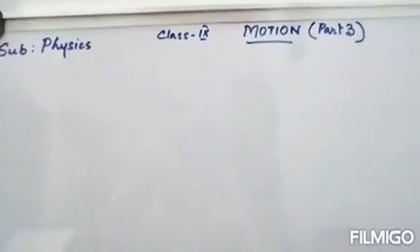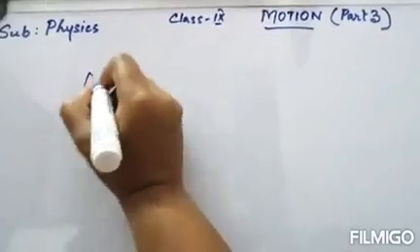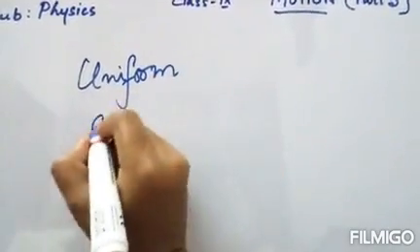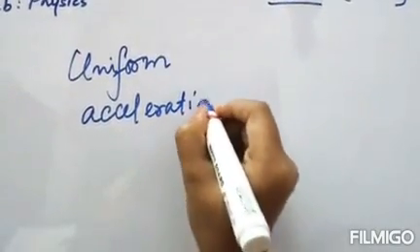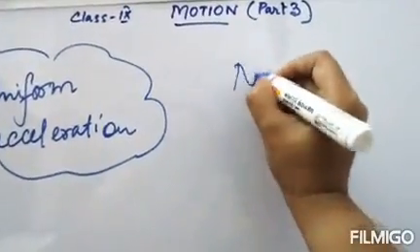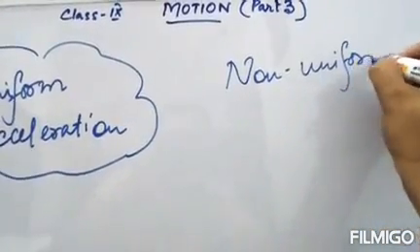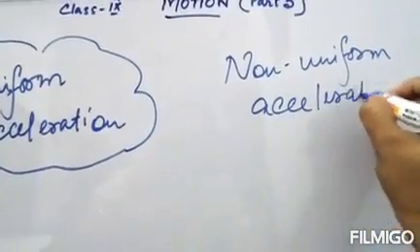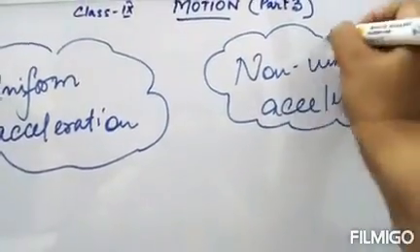Now we will be talking about two types of acceleration. One is uniform acceleration, and non-uniform acceleration. Now what is uniform and non-uniform acceleration?